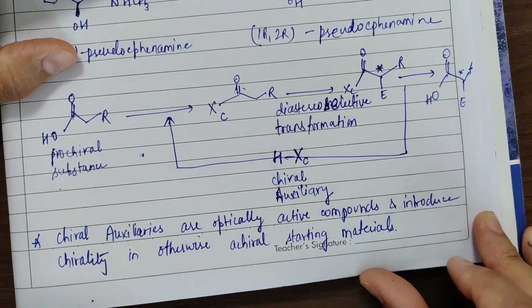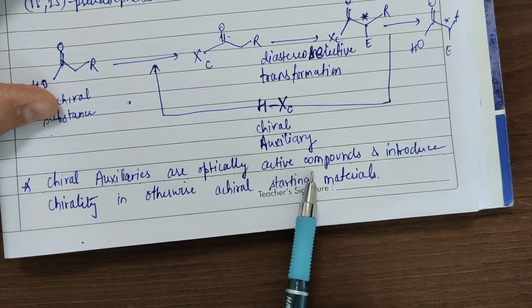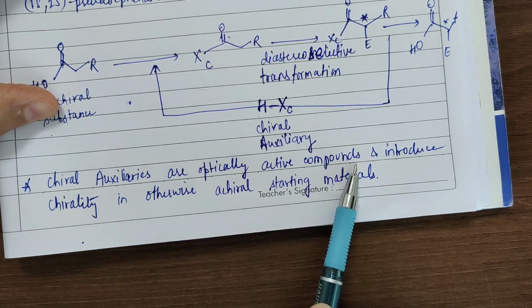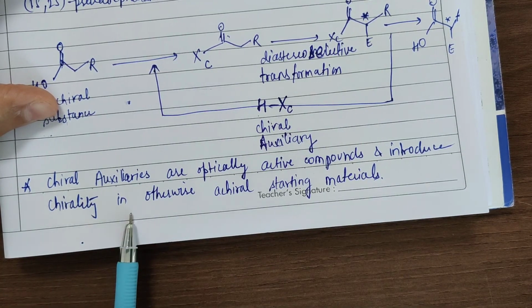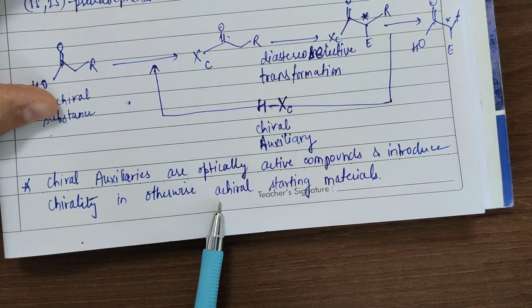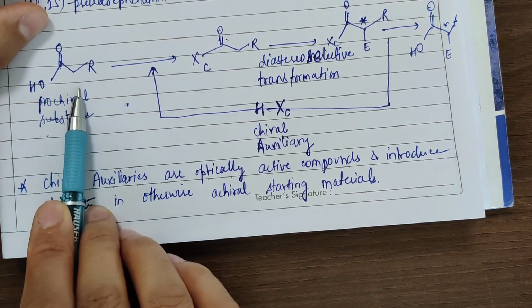Okay, now what happens? Basically, chiral auxiliaries are optically active compounds and they facilitate the introduction of chirality in an otherwise achiral starting material. The substance is achiral.